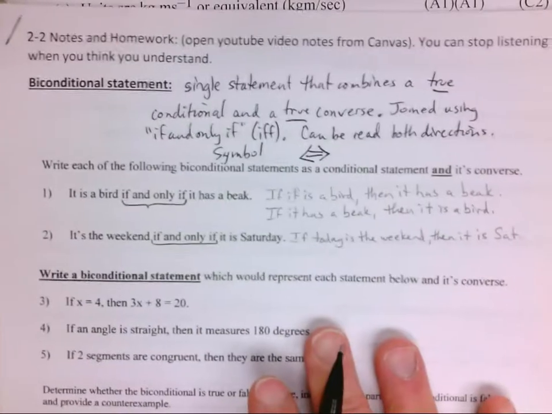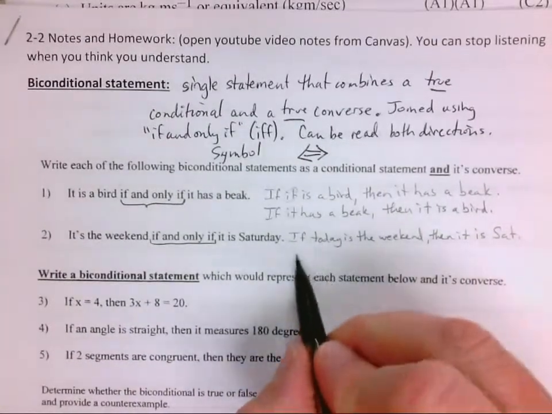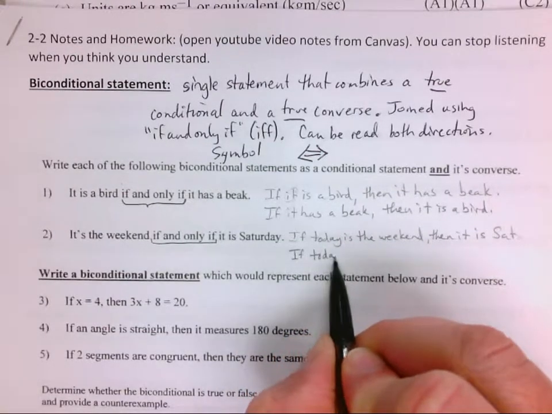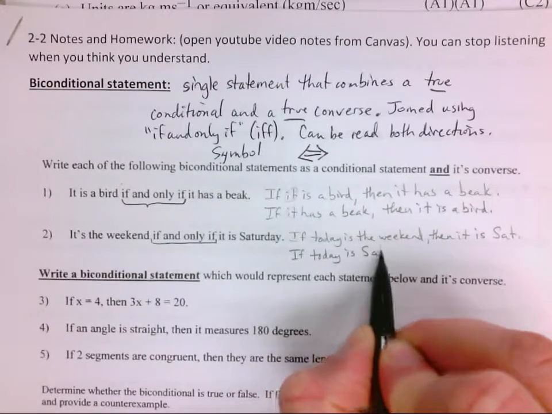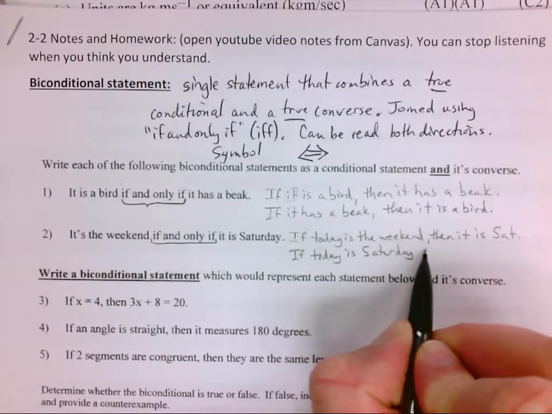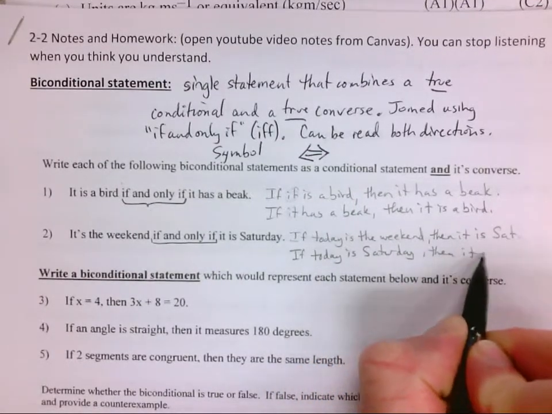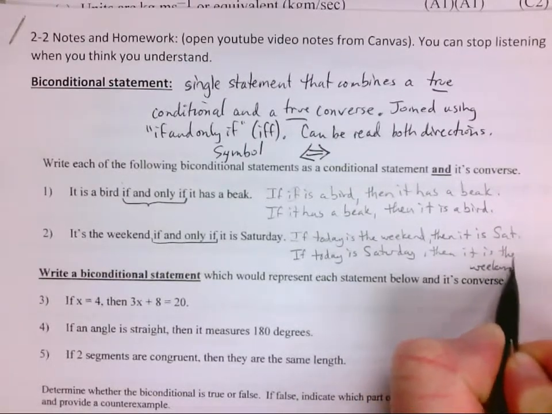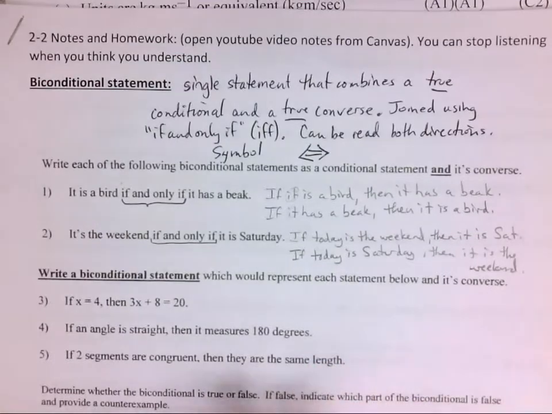The converse of that would be if today is Saturday, then it is the weekend. Again, this one we'll talk about how to say whether they're true or false later on.